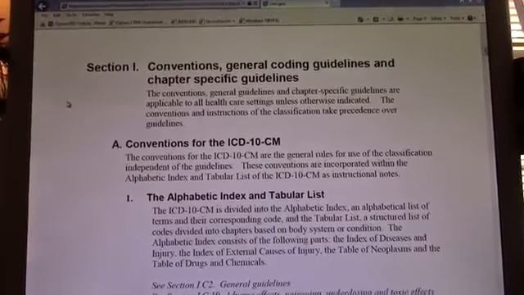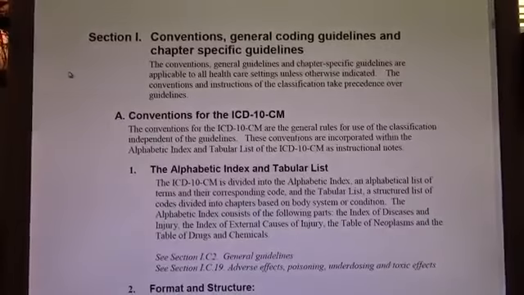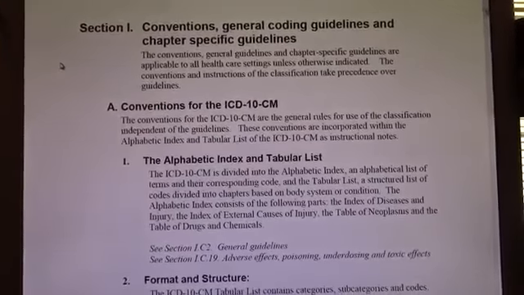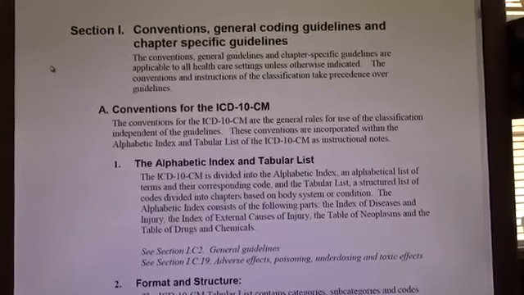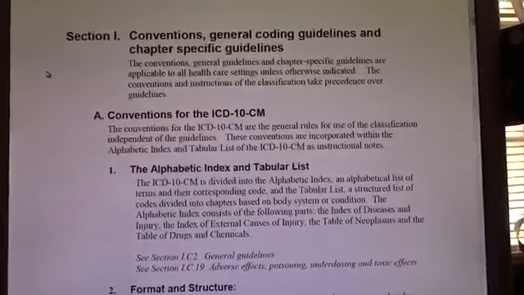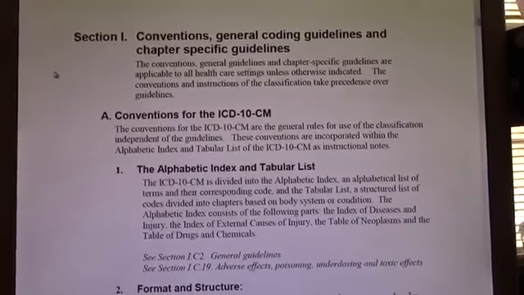So in using your code book, while looking up your code in your alphabetic and then referring to your tabular to verify the code, should your tabular tell you this applies to, or it excludes or it include note, then that takes precedence over these coding guidelines.